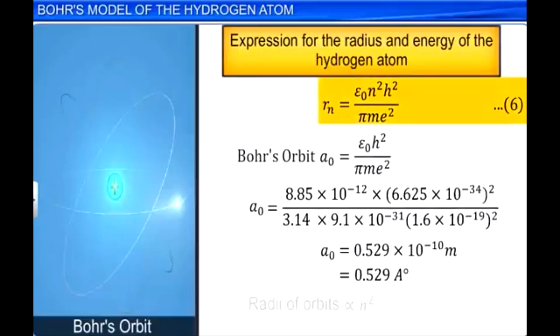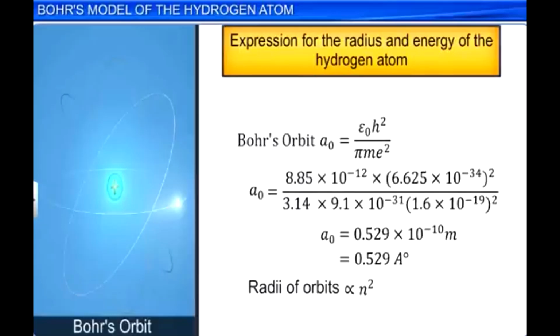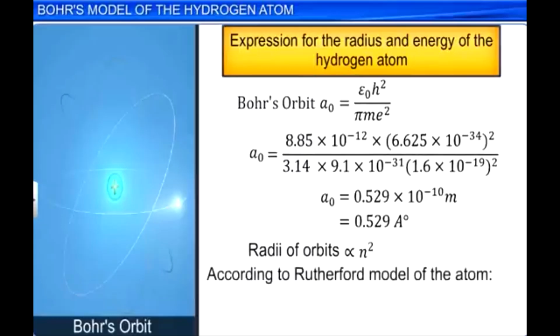According to Rutherford's model of the atom, the energy E_n of an electron for a particular orbit of radius R_n is equal to minus e square by 8 pi epsilon naught R_n, where n is the principal quantum number. Let this be equation 7.